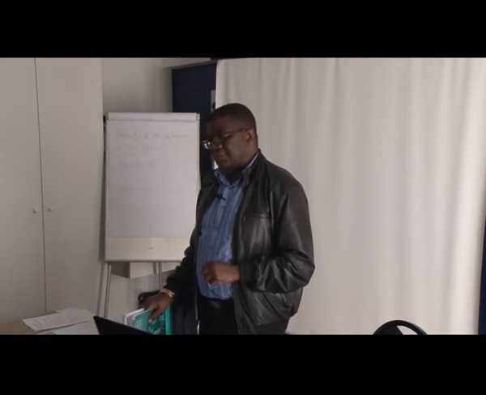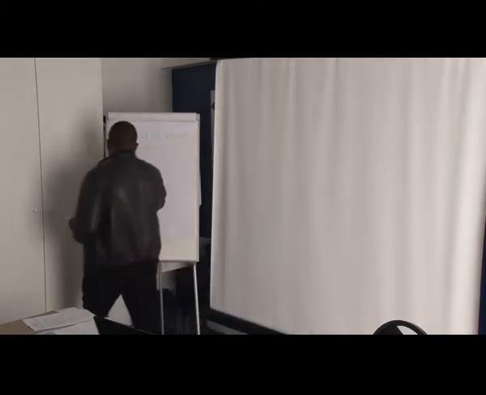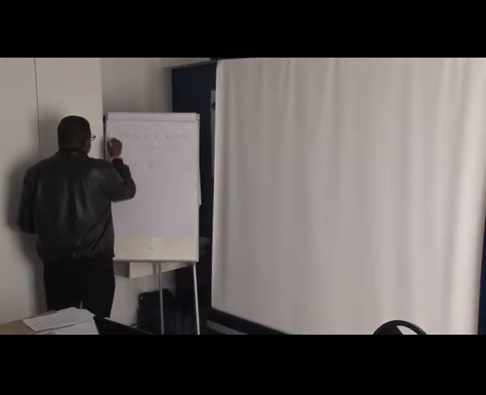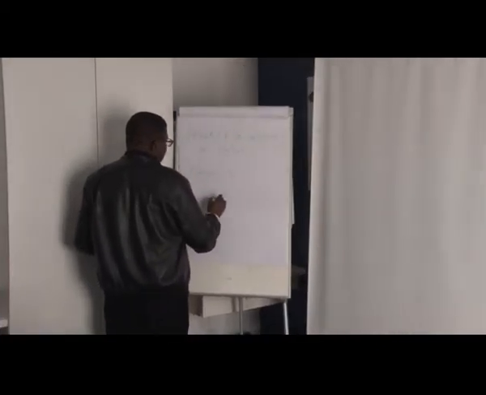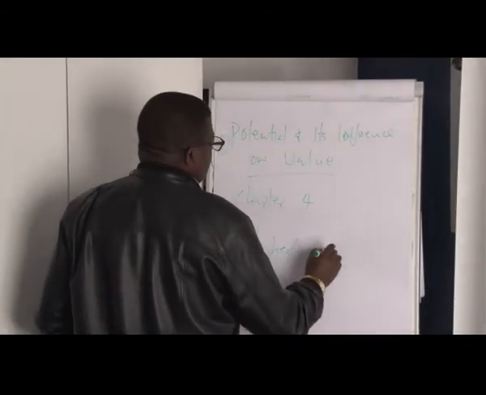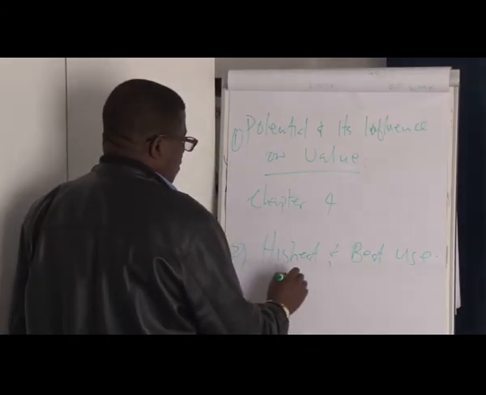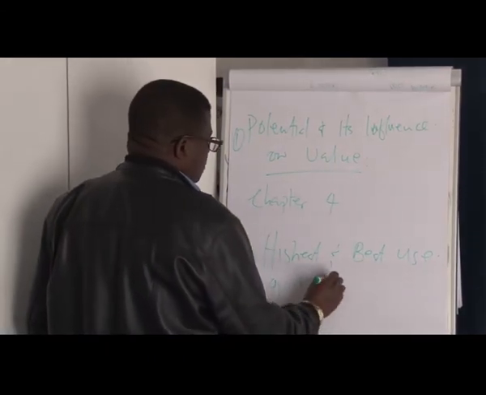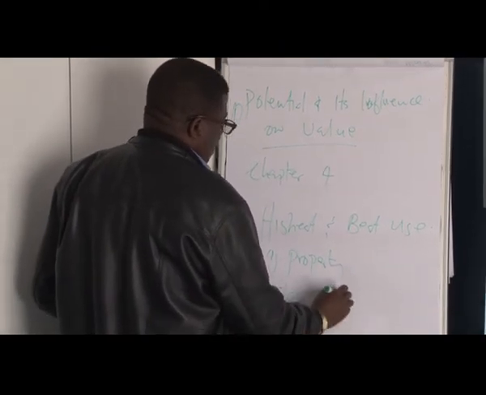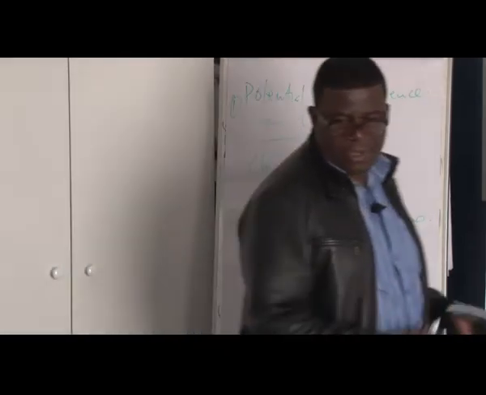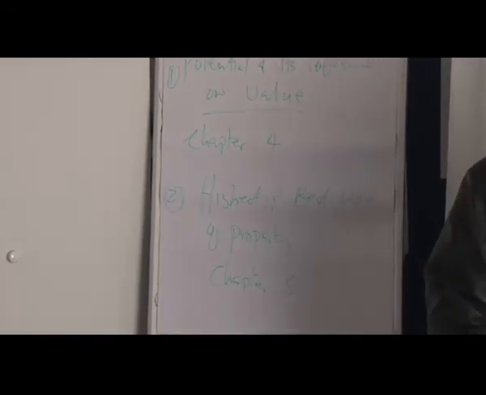Yes. Clear. So connected to potential now will be number 2, highest and best use of the property, chapter 5. I've been using this term so much as we were discussing potential, so you already know what the highest and best use means.